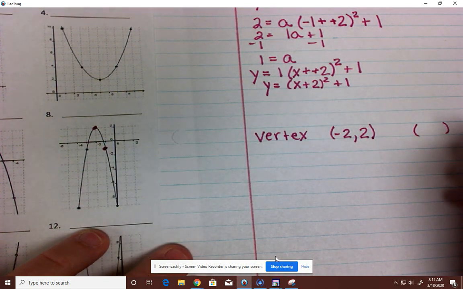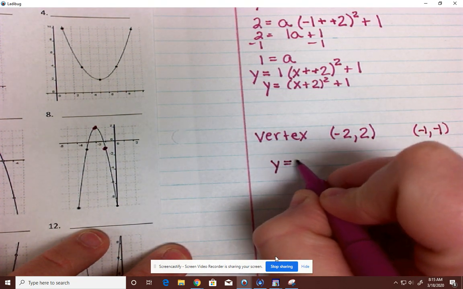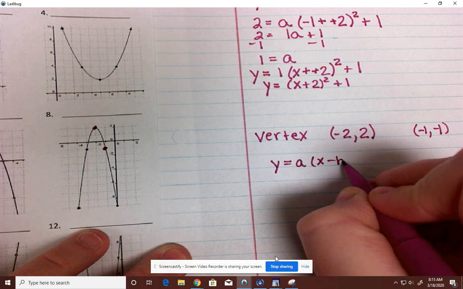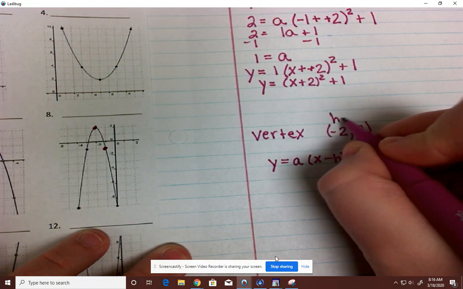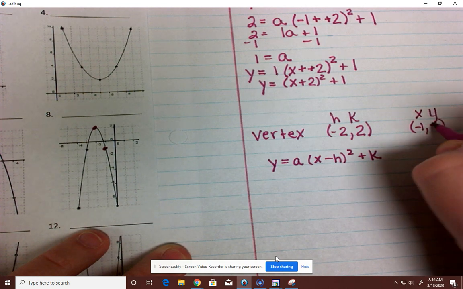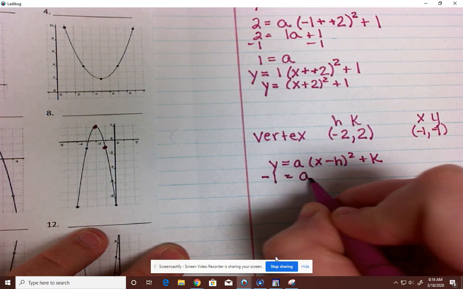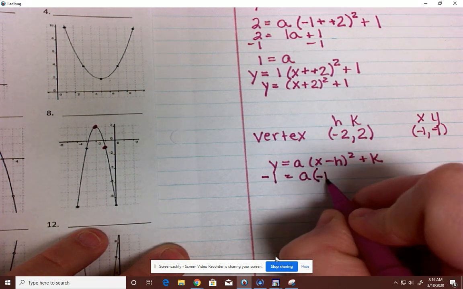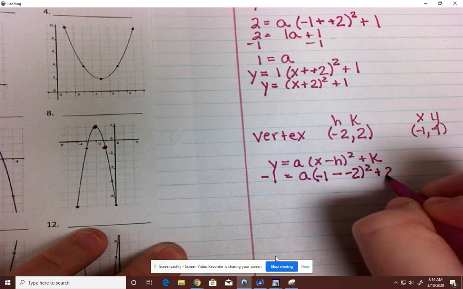That's at -1, -1. Then I substitute into my vertex form. So this is H, K, X, Y. And so we have -1 equals A times X, which is -1, minus H, which is -2, squared, plus 2.